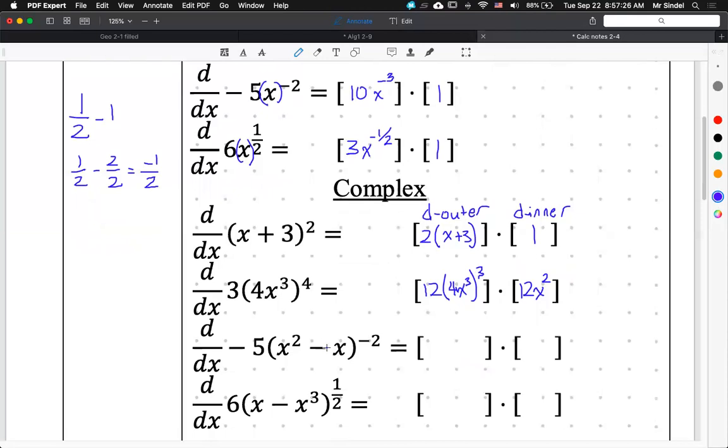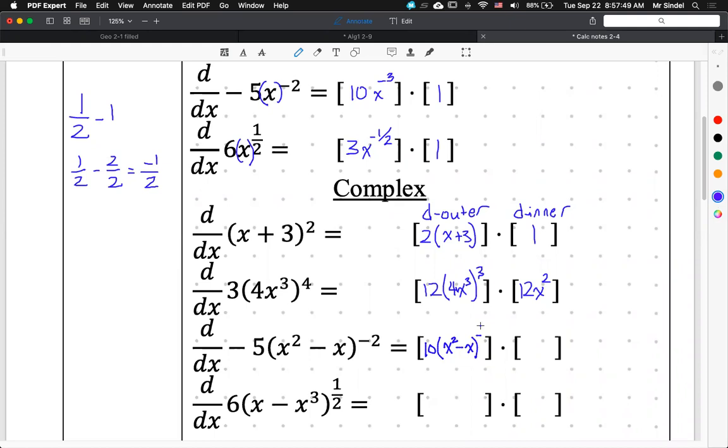Who can help me do the doubter? We're going to have to squeeze it in here, right, small. What's the doubter? Probably just going to cycle back again. Andrea. It'd be 10 and then x squared minus x to the negative 3.